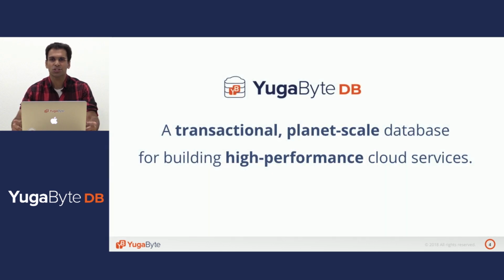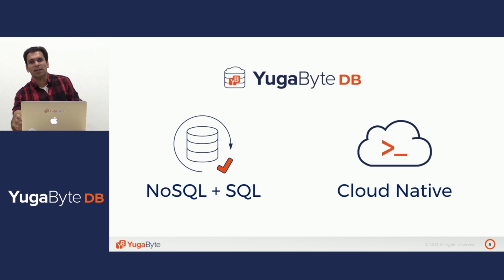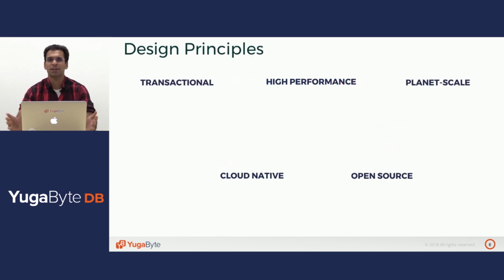Yugabyte is a transactional planet-scale database for building high-performance cloud services. It brings together SQL and NoSQL in a cloud-native fashion. Here are some of the design principles on which Yugabyte is built. It is transactional.